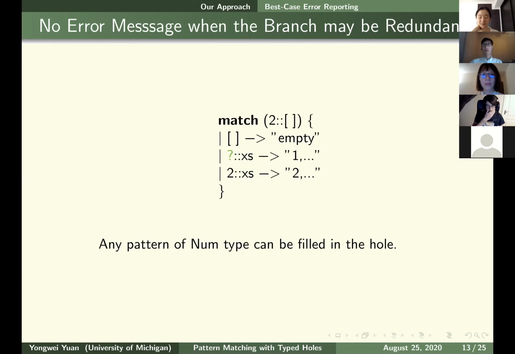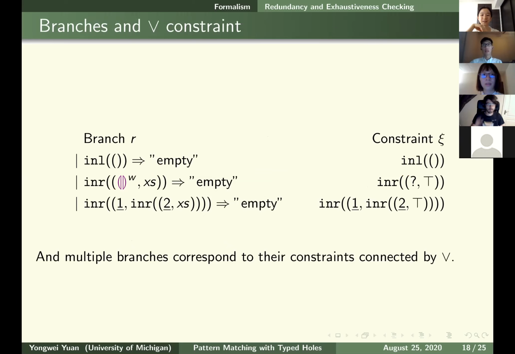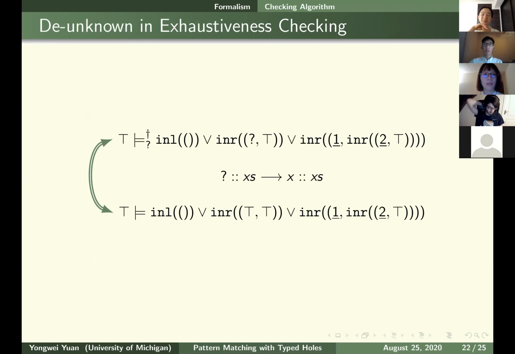So I have a question. You mentioned that you are going to prove the correctness of checking, right? Could you please spell out the exact theorem that you want to prove? Okay. Yeah. So that will come to the unknown. We want to get rid of the unknowns, like the question mark here, because if there is such a thing in the entailment, we can't determine it.